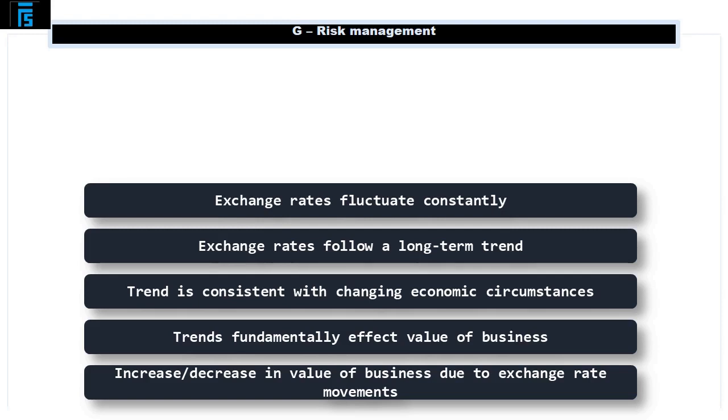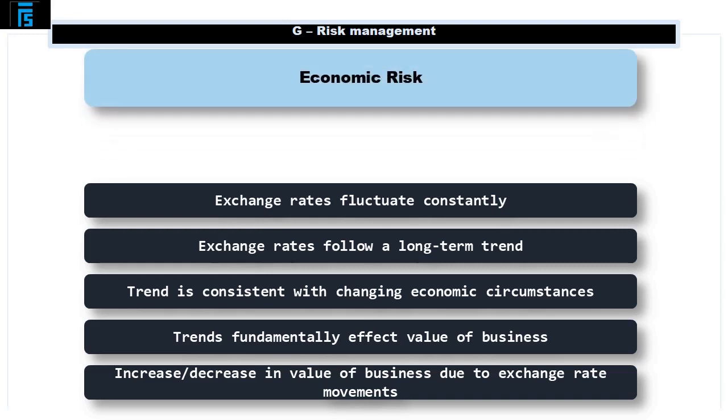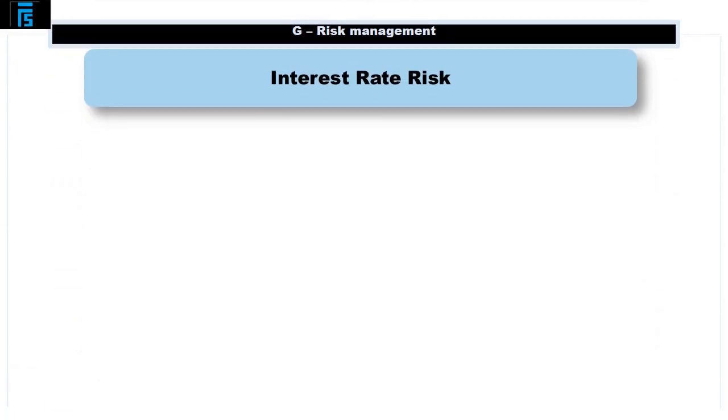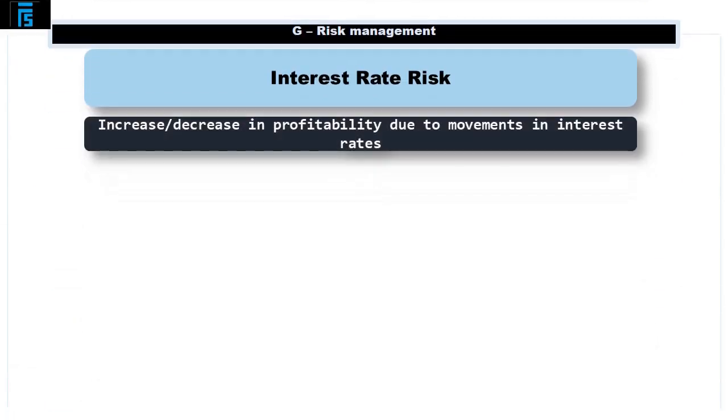However, over time, there may be a long-term trend, which means fundamentally the value of my business gradually increases or decreases because of that direction of movement. This is known as economic risk. We may face economic risk even if we don't sell overseas, as it may affect our input costs or our competitors' pricing.